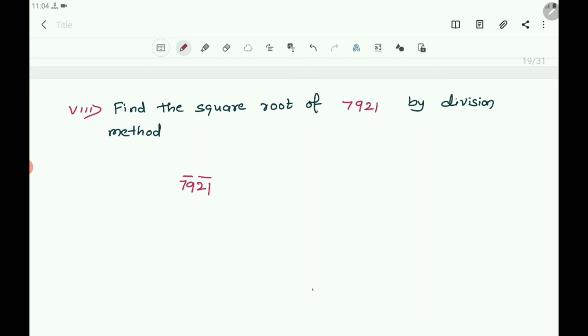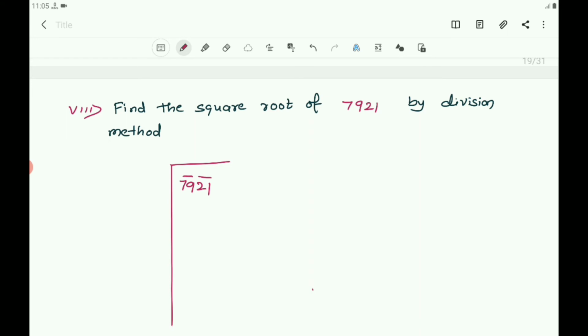Next, 9 and 7, that is 79, come under one bar, that is one group. Now find the nearest perfect square number to 79. Here you know that 79 is not a perfect square number.